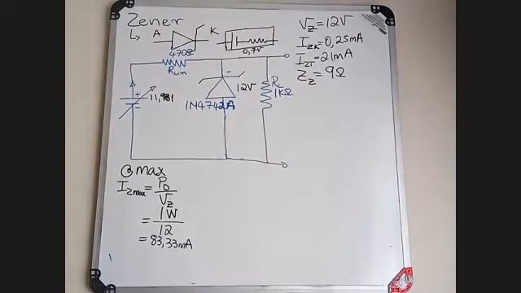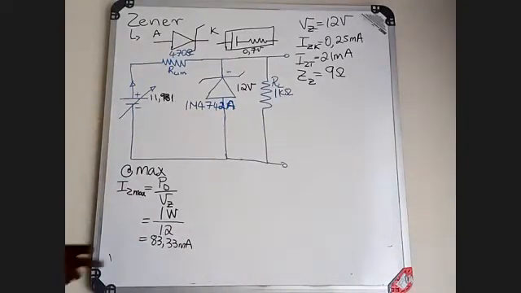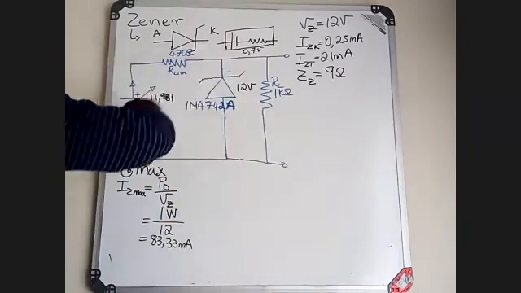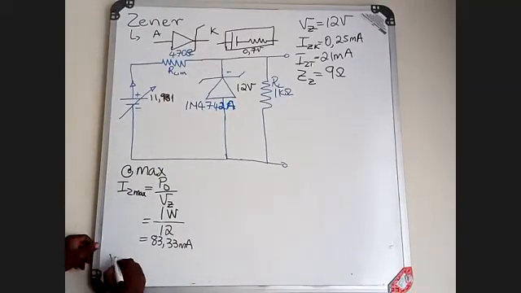Yes. Okay. This is the maximum current that the Zener can withstand. From there, I will say, what will be my V out at maximum?